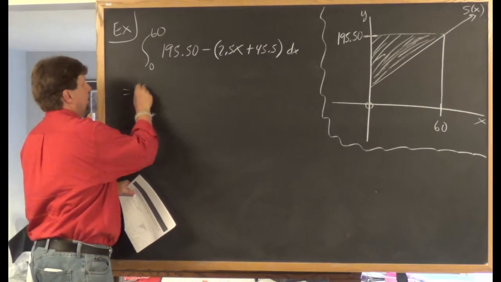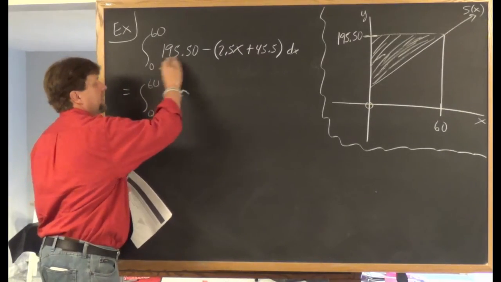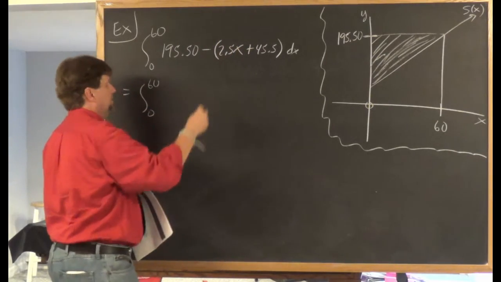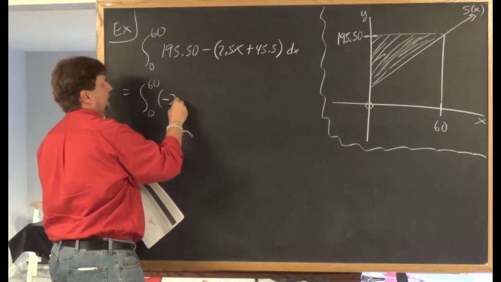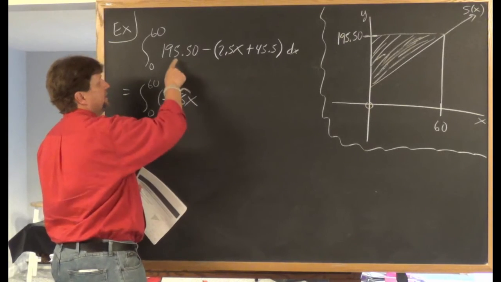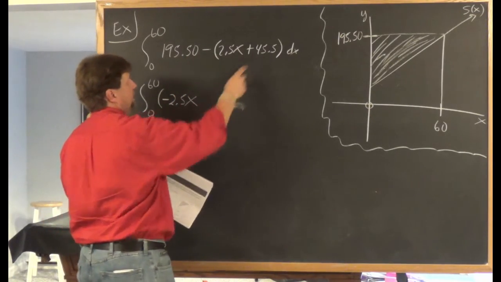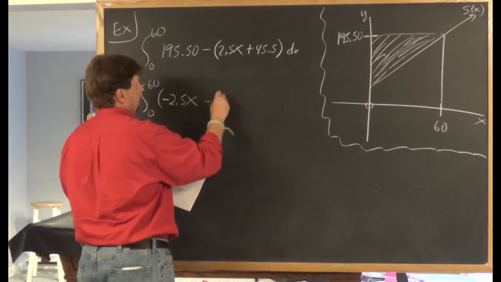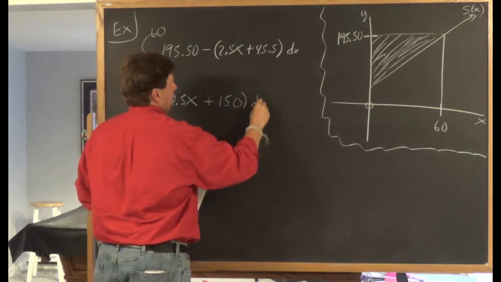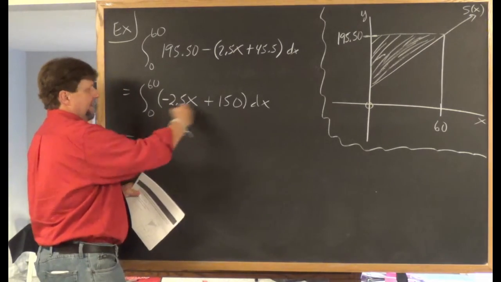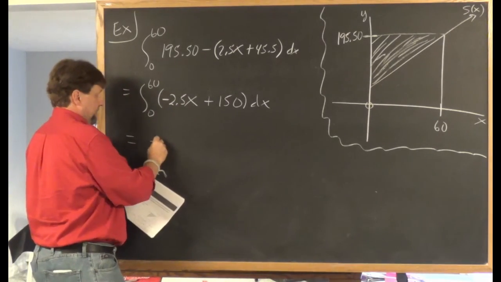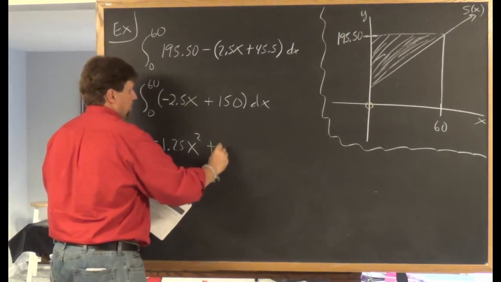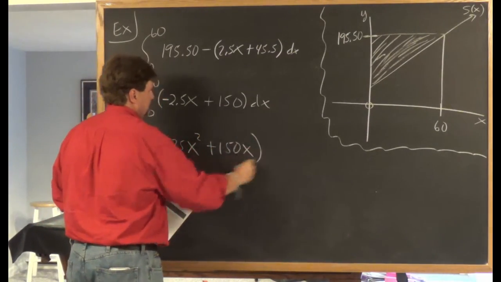So I start by cleaning up my integrand. I distribute that -1, combine like terms, and I get -2.5x. Let's see, 195.50 minus 45.5 leaves me with, well, that's kind of nice, 150. Do some calculus now, I get an antiderivative. The antiderivative is -1.25x squared plus 150x.